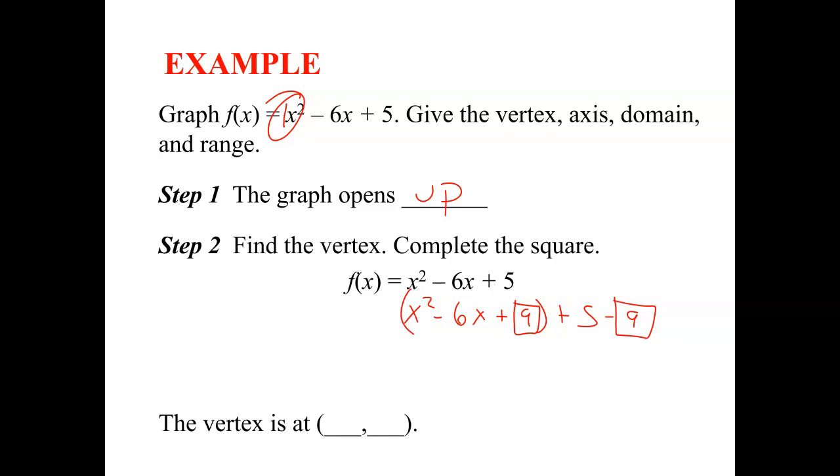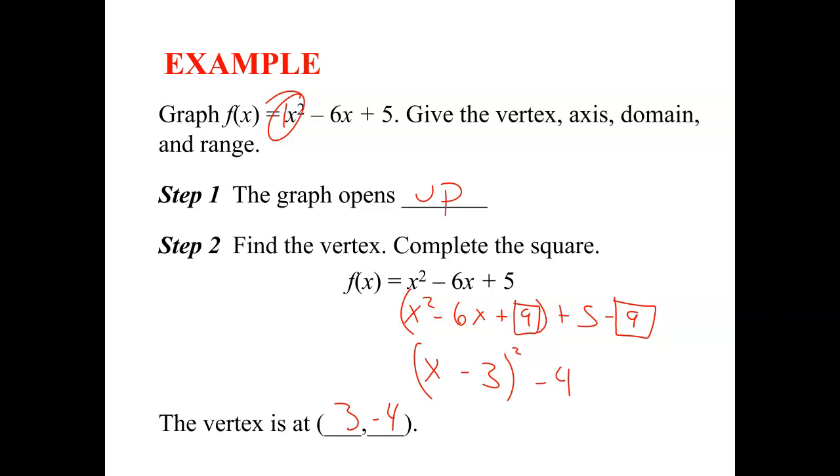Good. So what does it factor to be? And then on the right side? So where's my vertex? Plus 3 and minus 4. There you go. 3, -4. Okay, so my vertex is at 3, -4.